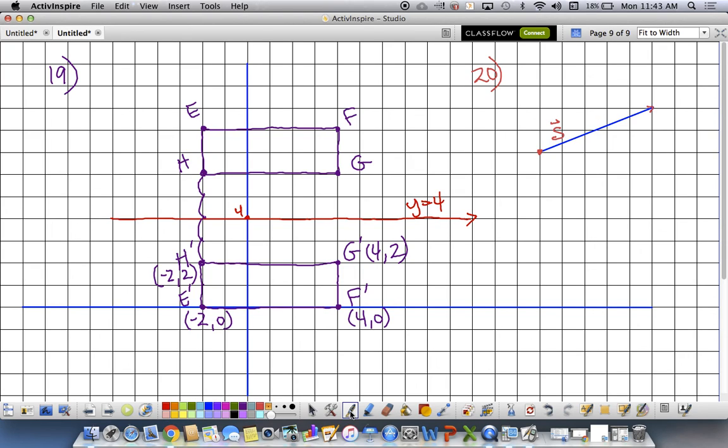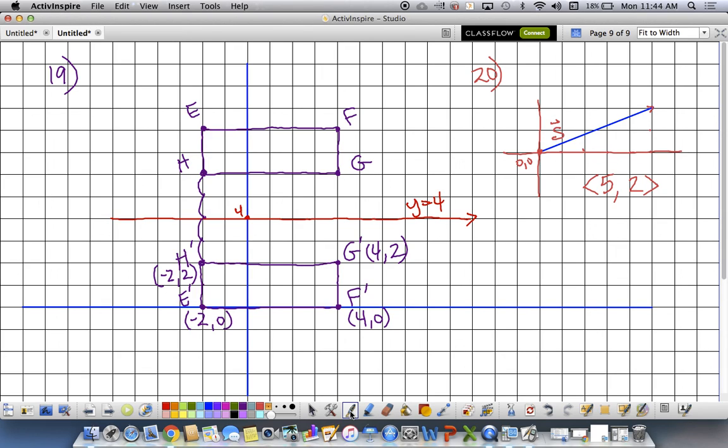What do we know about all vectors? I'm going to put the initial point at 0, 0. Okay? And the terminal point, if we wanted to find the components, I go over the x value, 1, 2, 3, 4, 5 is my x value. 1, 2 is my y value. Okay?